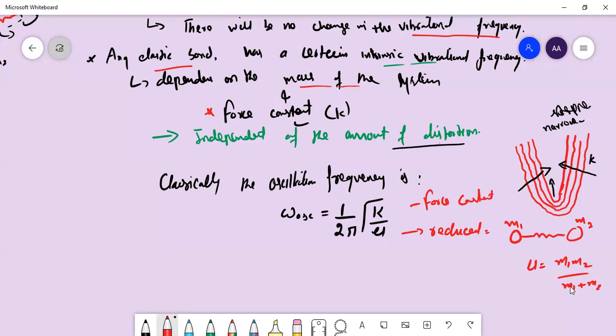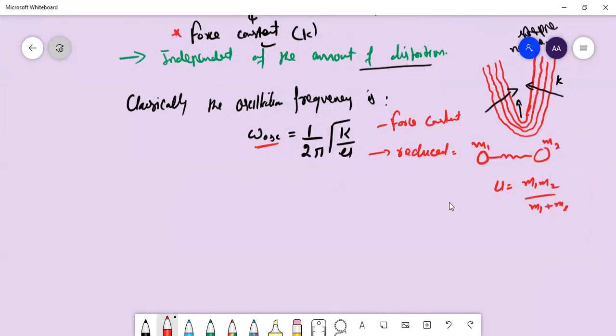Now what we are seeing from this equation is that the oscillating frequency, the vibrational frequency, is directly proportional to K, that is the force constant, and inversely proportional to the reduced mass. It means I can say higher the force constant, that is the stronger the force between these two atoms, higher will be the oscillating frequency.